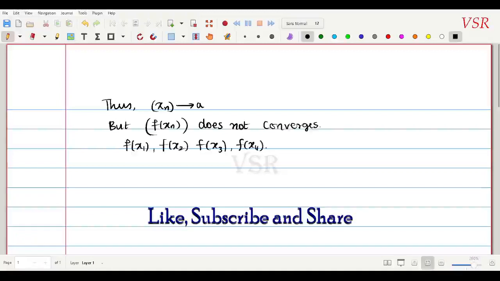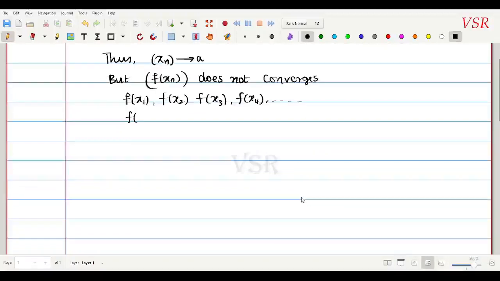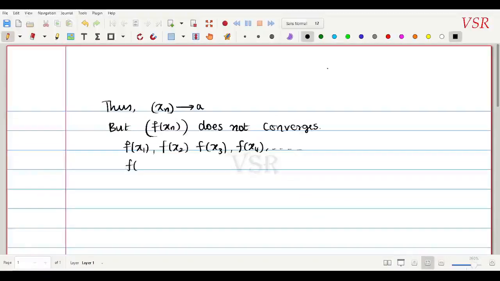It goes on like this. By our definition, Xn is equal to R(n plus 1 by 2) if n is odd and S(n by 2) if n is even. So we have it this way.